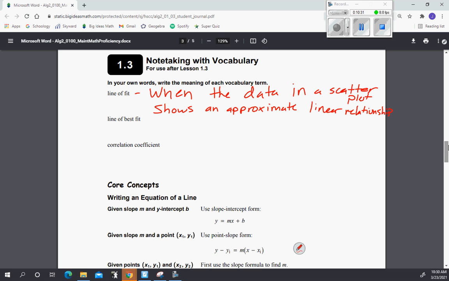So a line of fit is when the data in a scatter plot shows an approximate linear relationship.